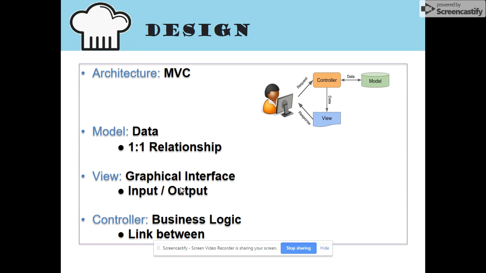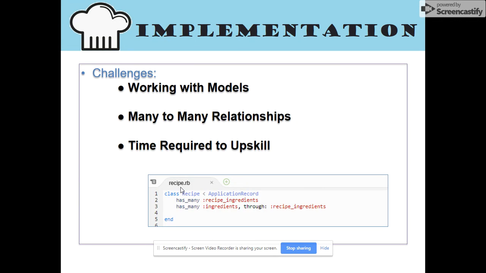And then the controller is the business logic. So the controller would link the views with the model, and it would be in charge of sort of running the application, and your main methods would be saved there as well. So between the three of them, they're able to create these highly functioning applications.